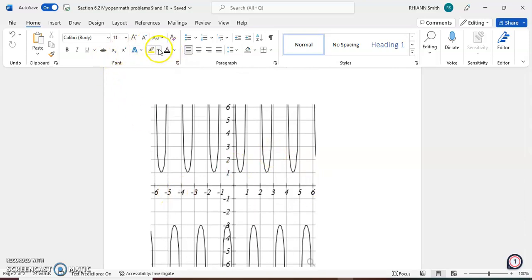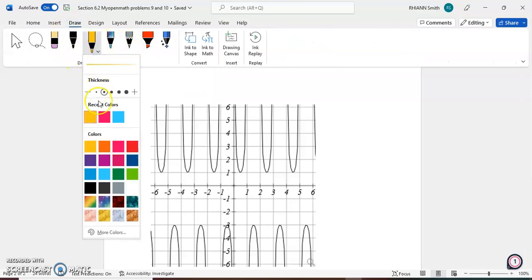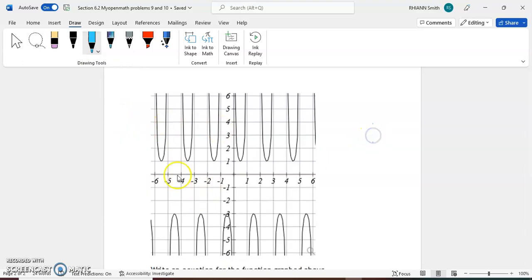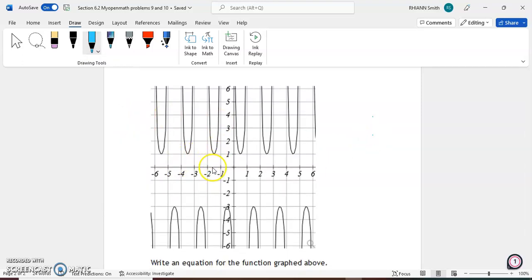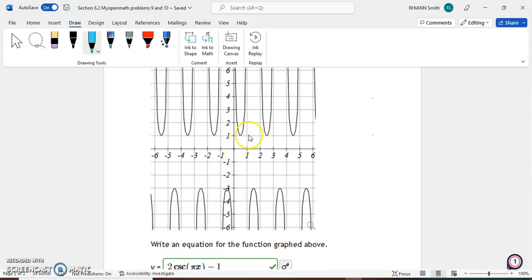So first we're going to have to find our midline. Let me draw it here, in this color. So let's see. 1, 2, 3. 1, 2. 1, 2, 3.